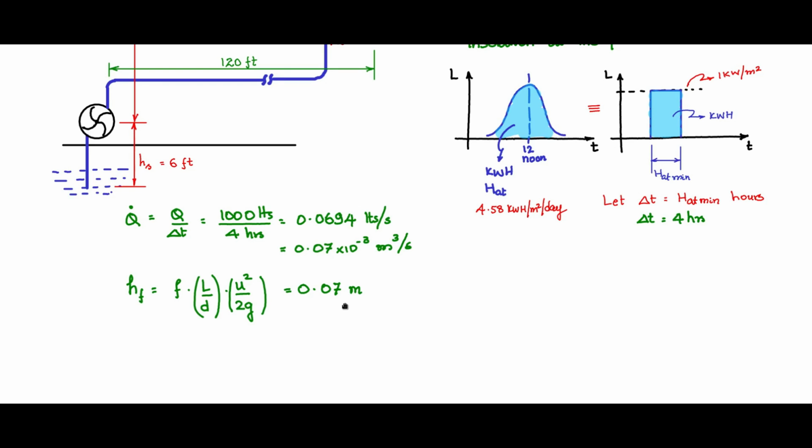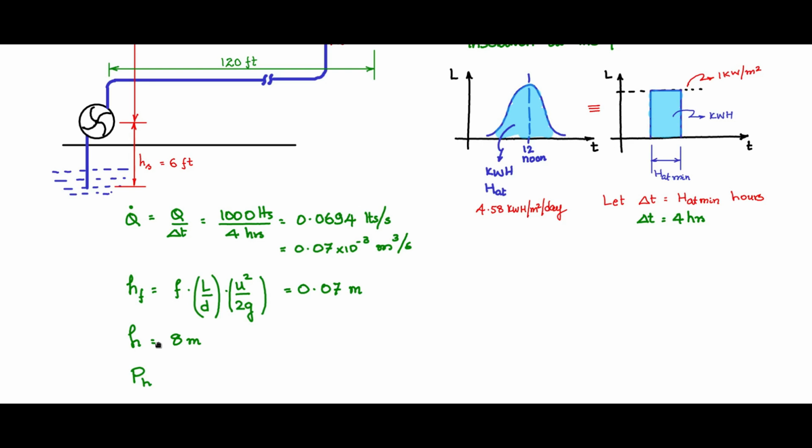The head loss due to friction is 0.07 meters, which is very small compared to the 18 meters that you saw in the earlier case. And the total dynamic head is around 8 meters. Compare this. In the earlier case, a significant amount of total dynamic head was contributed by HF due to friction loss. Here, the friction loss component is contributing very insignificantly, in fact negligibly.